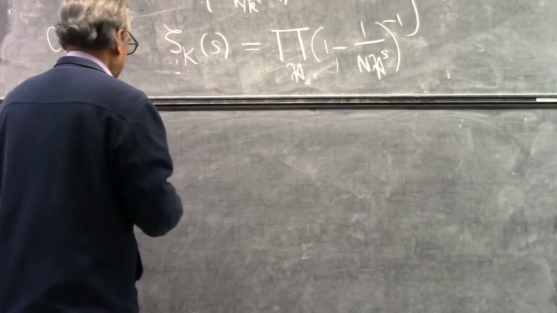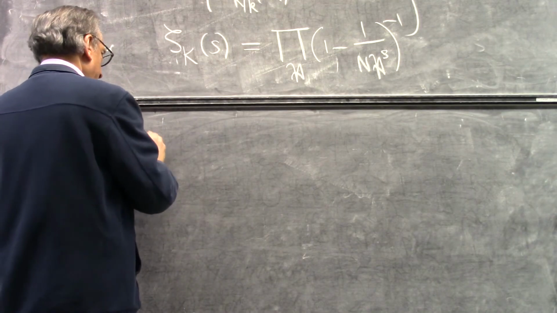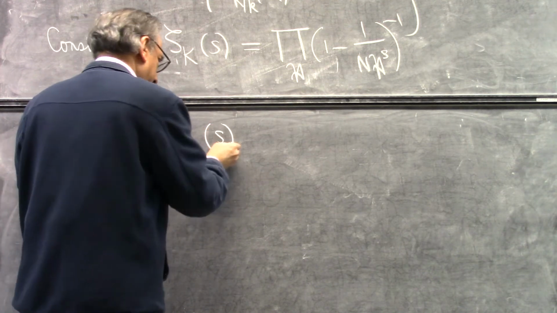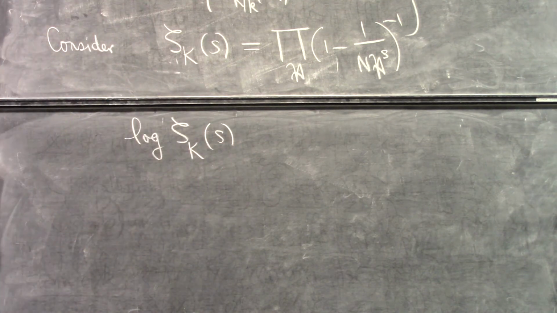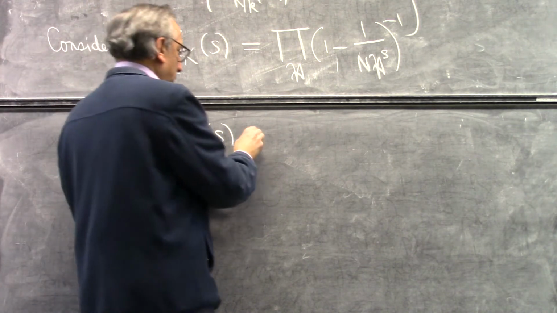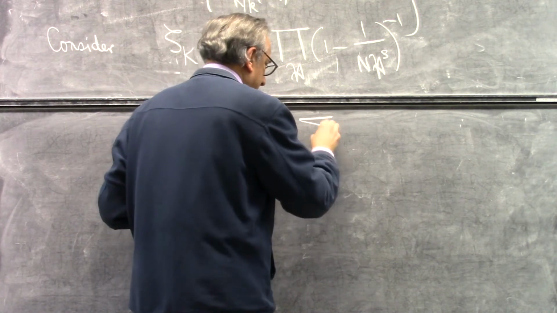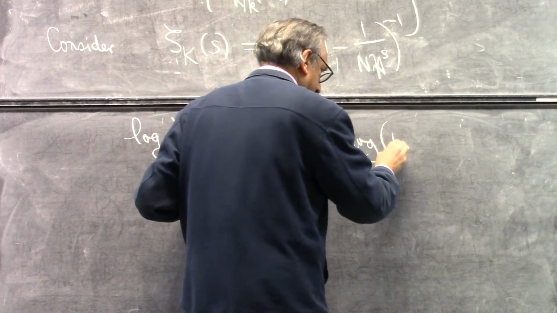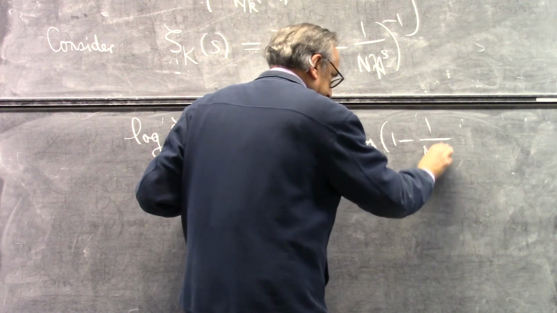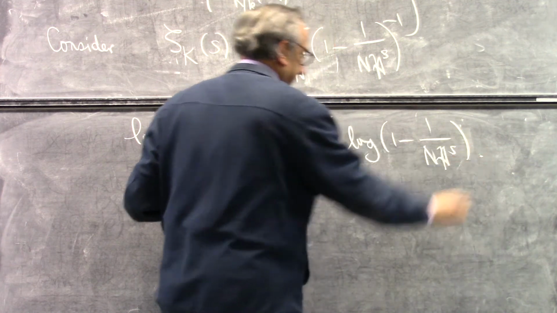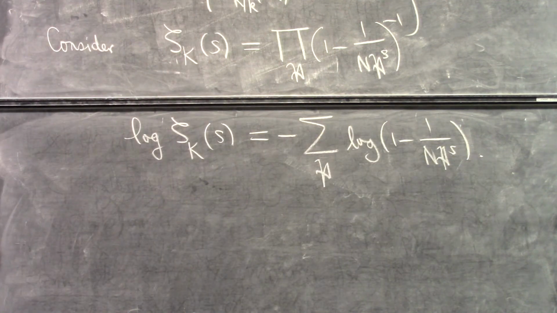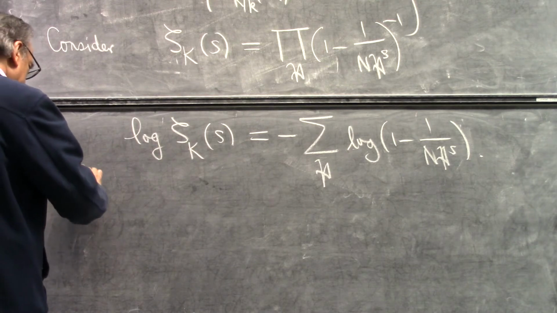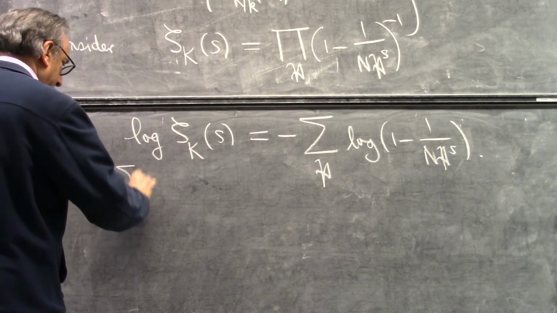So that when I take the log of the analytic zeta function, that's equal to minus the sum of log, and using the expansion minus log 1 minus x as summation x to the n over n.